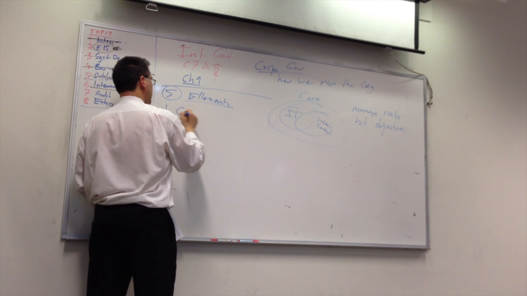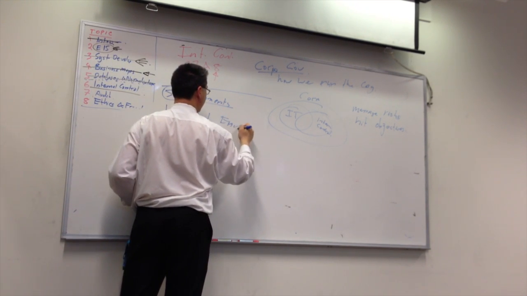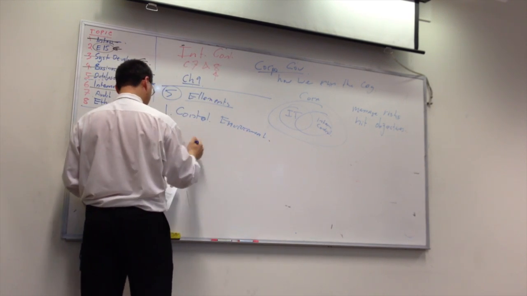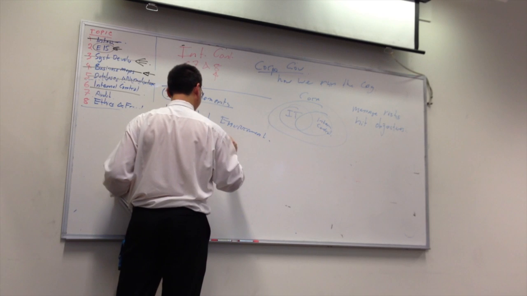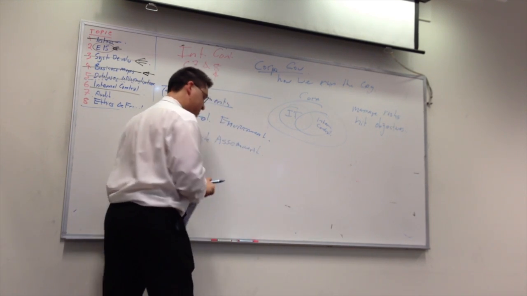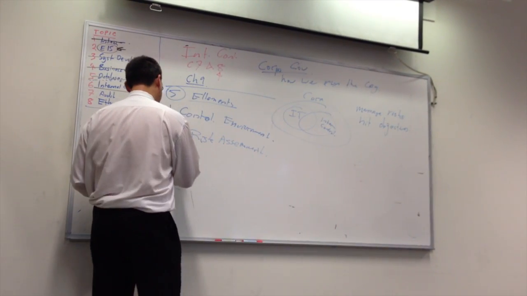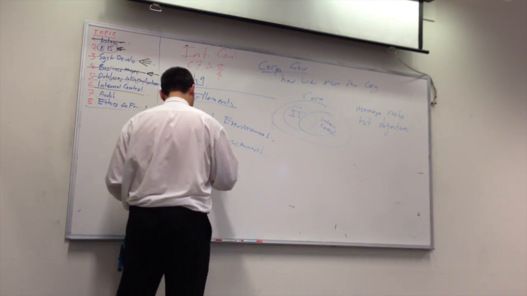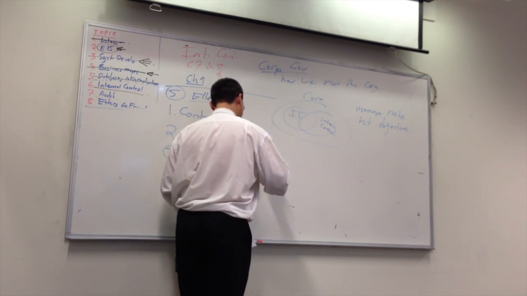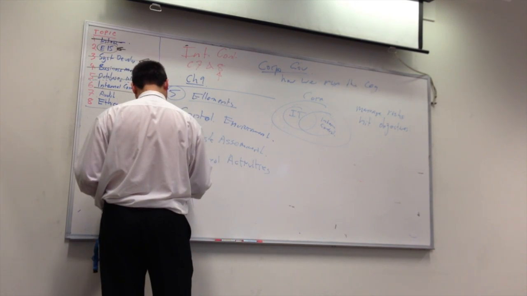Number 1 is the control environment. 2 is the risk assessment. 3 is control activities. 4 is information and communications, so I'm just going to write communications.